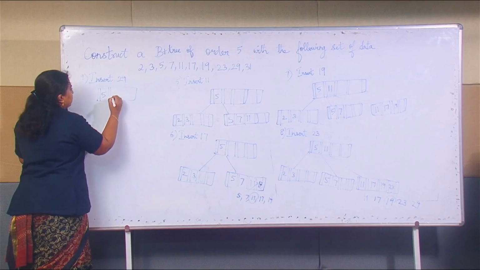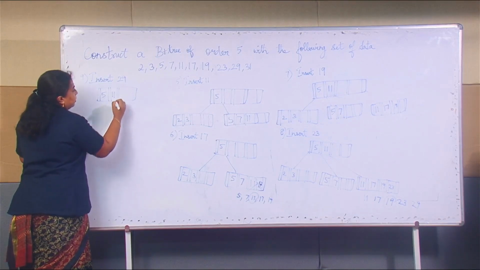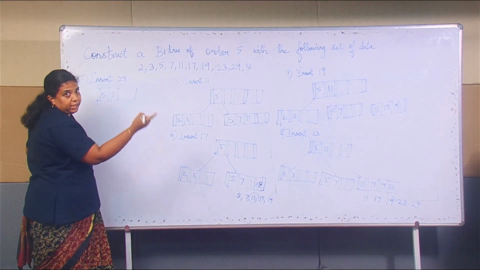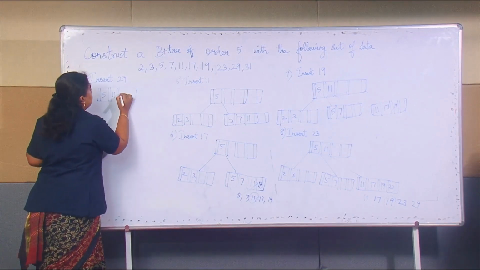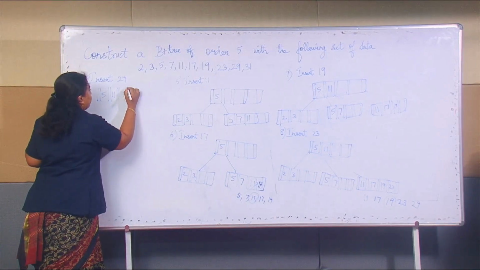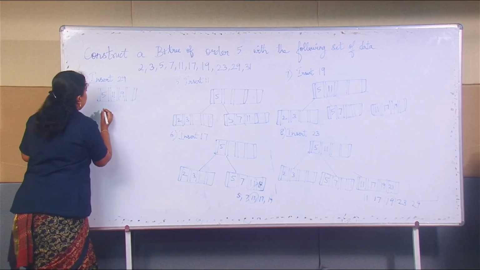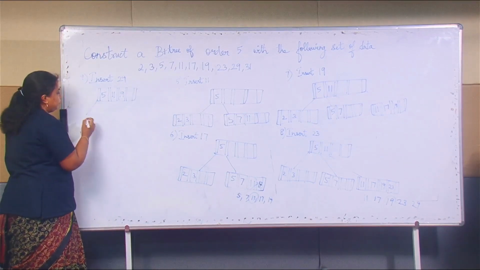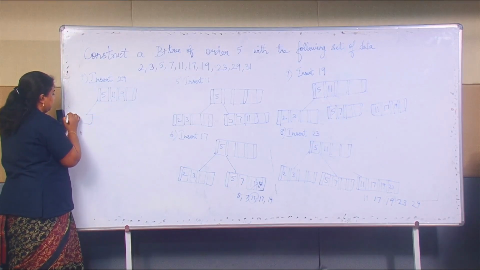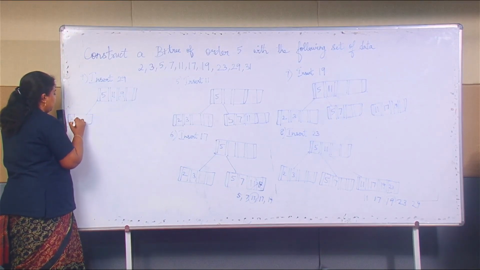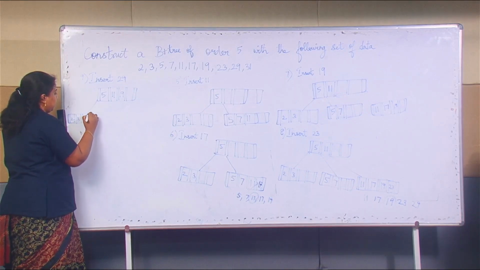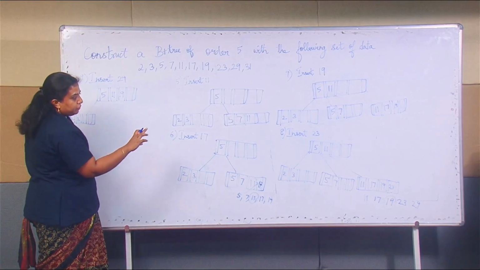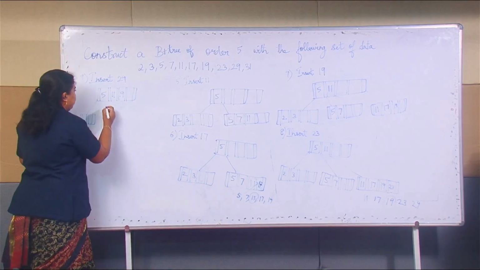We have 5 and 11, and next we are moving the middle element 19 to the root node. Now on the left hand side of 5, we have 2 and 3. Between 5 and 11, we have 5 and 7.